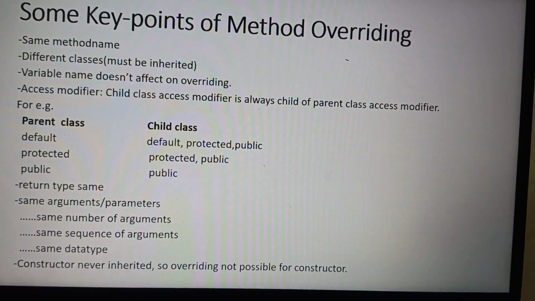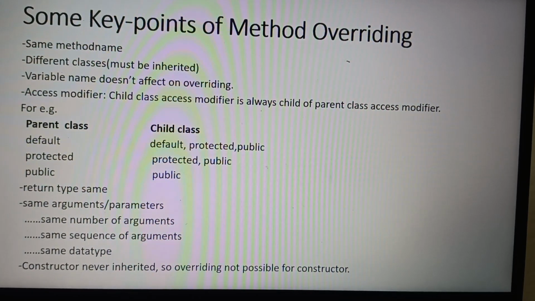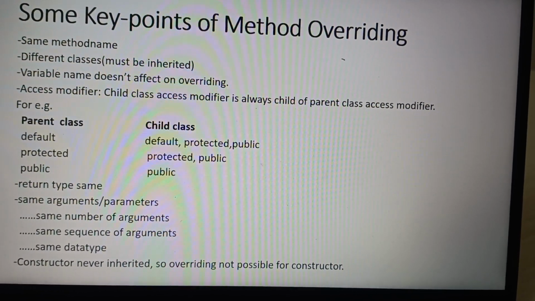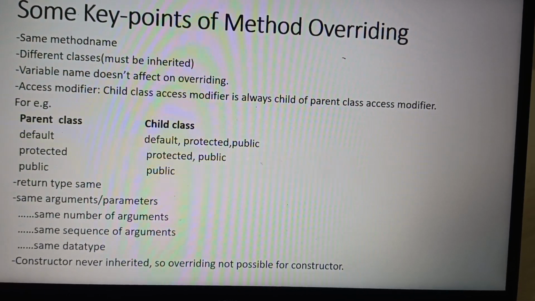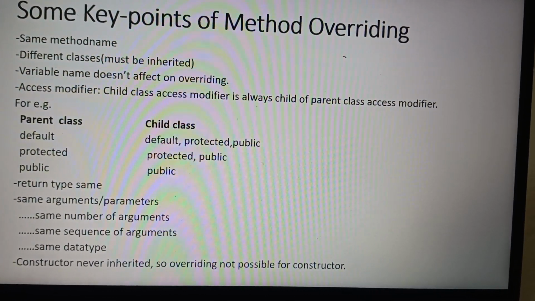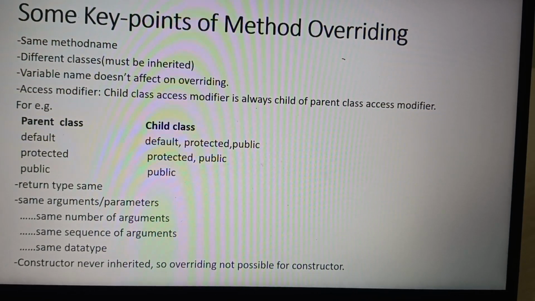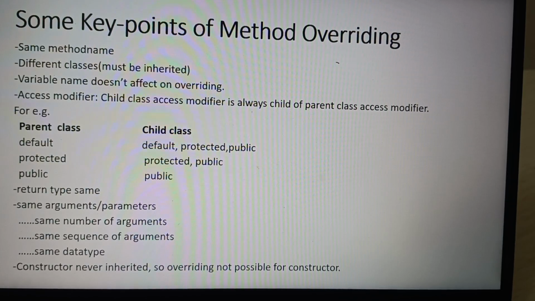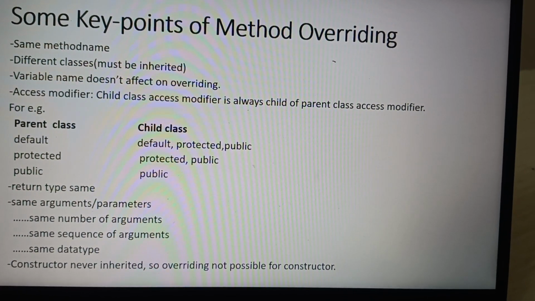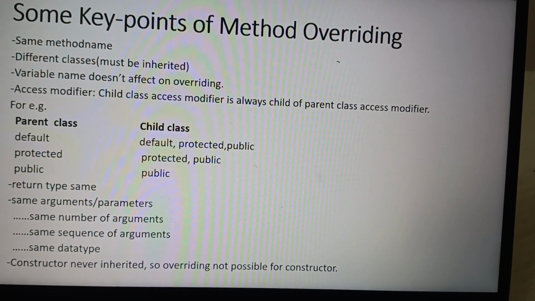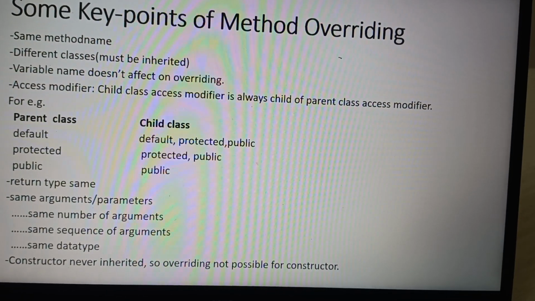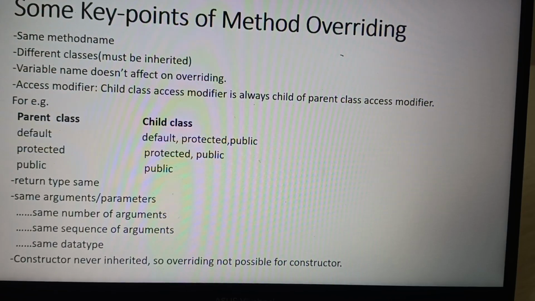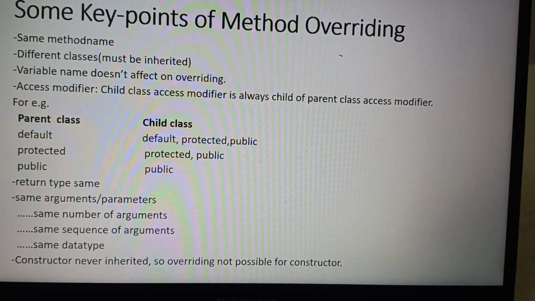Then next key point, that is return type is always same for parent class and for child class. Then same number of arguments. As we see in case of method overloading, we can use different number of arguments, different sequence of arguments or different data types. But in case of method overriding, same number of arguments required for parent class method and for child class method.